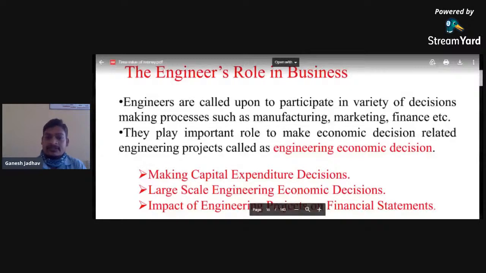When an engineer takes any decision about a product or an engineering project, we can say that this is the engineering economical decision.